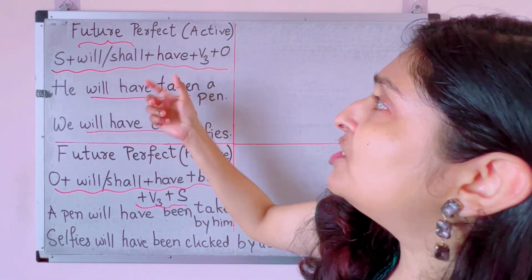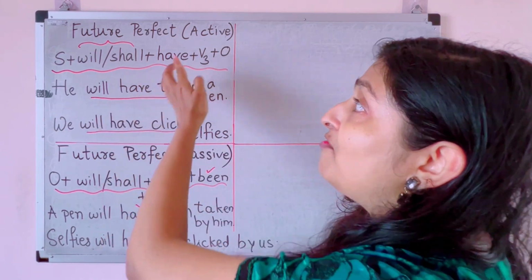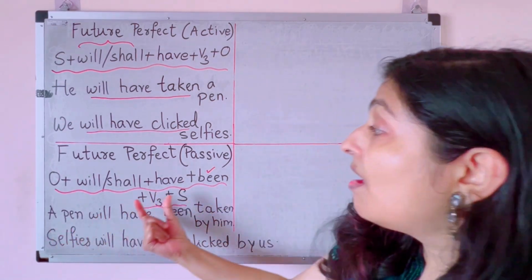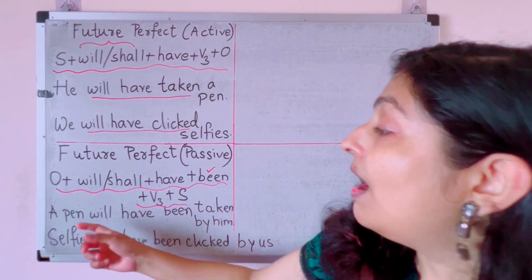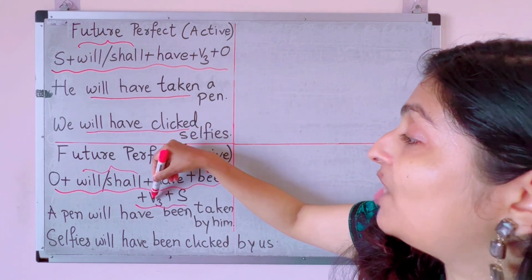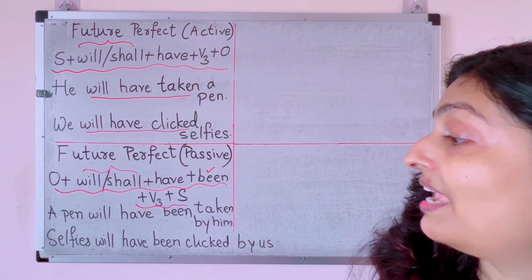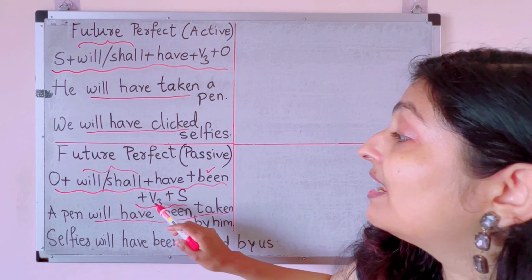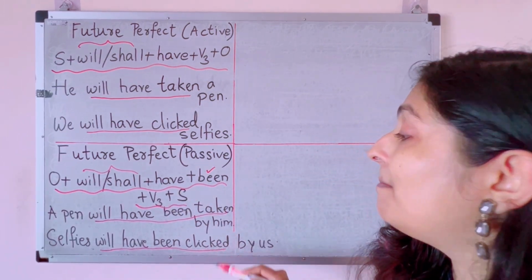Will or shall plus have been plus V3 plus subject. A pen will have been taken by him. Selfies will have been clicked by us.